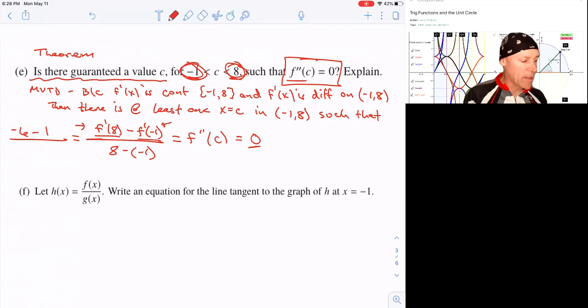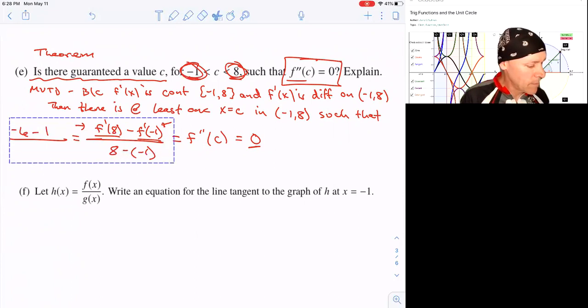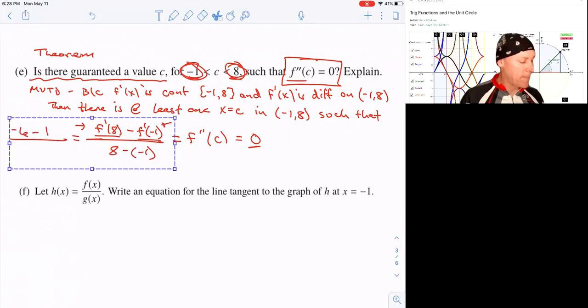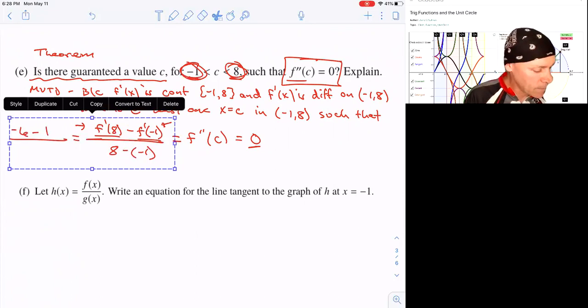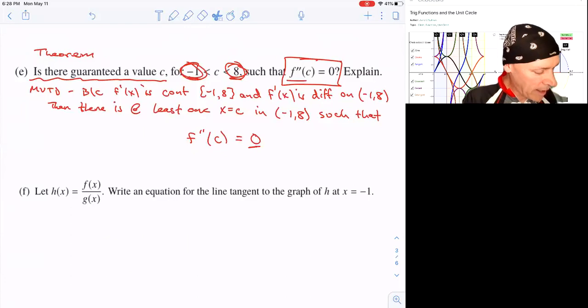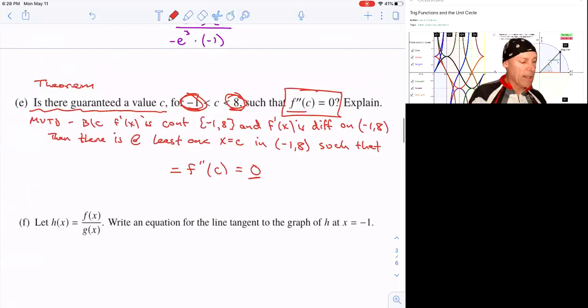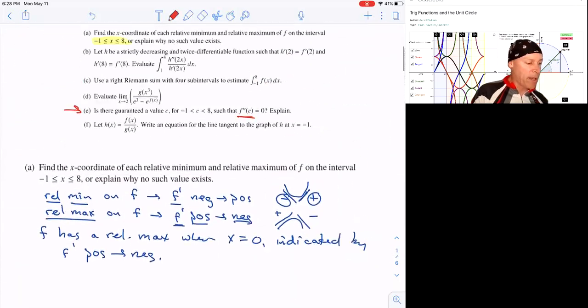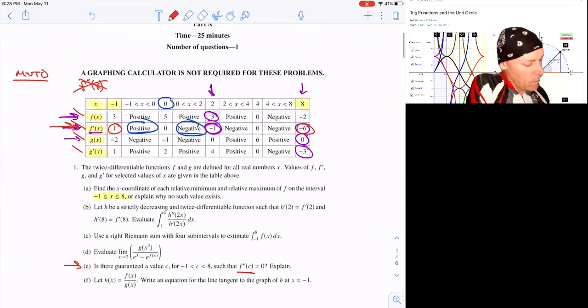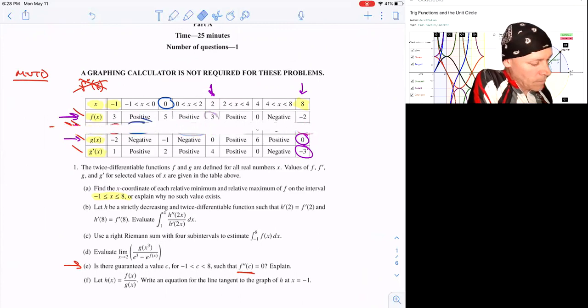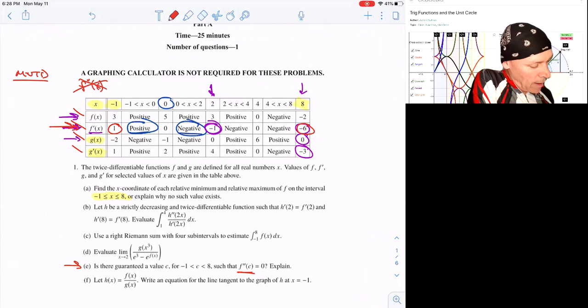So what I'm going to do, I'm backing up here. I'm going to fudge a little and, looking at that F prime row, I'm looking for, boom, right there, 0 and 0, those values.